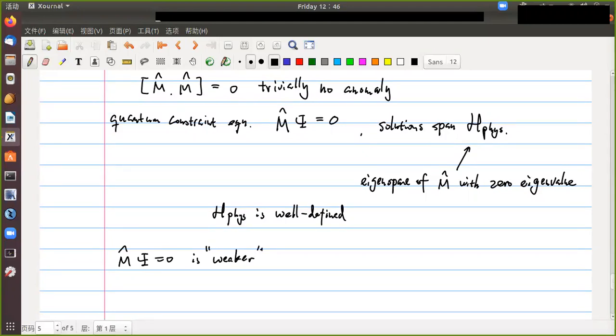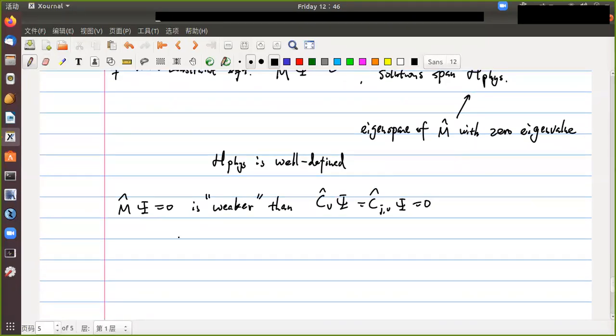This is not completely rigorous, but in some sense it is weaker than the earlier constraint equations. Let's put a naive version of the master constraint, forgetting about the square root, determinant Q, square root of volume and so on.